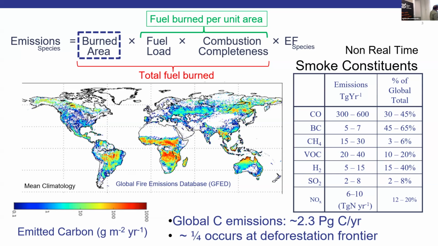All this comes from modeling, these two things, and then we multiply by the emission factor. So how much, in this case, methane is emitted per kilogram of fuel burned. The part in the red bracket is total fuel burned, and you just multiply that by the emission factor. This is basically the way the system called the Global Fire Emissions Database works.